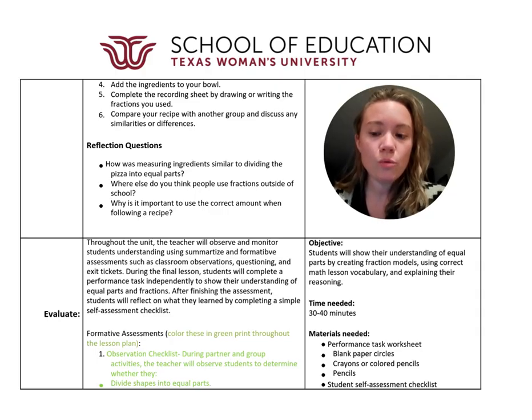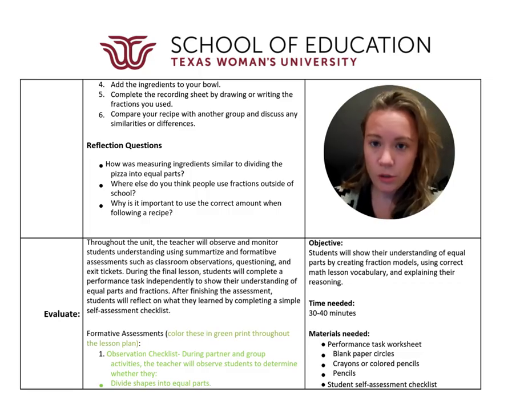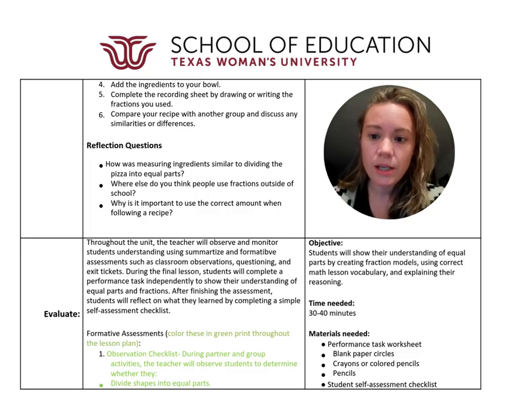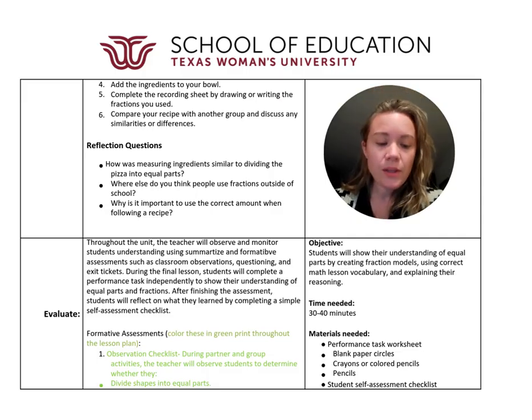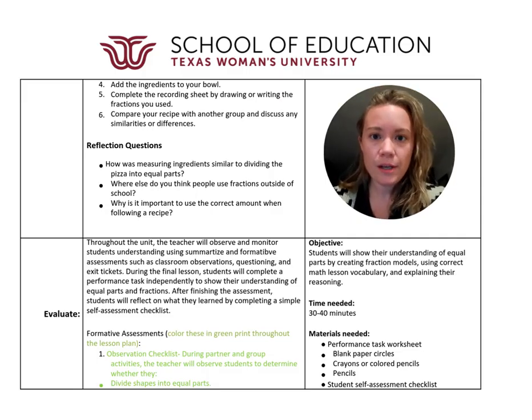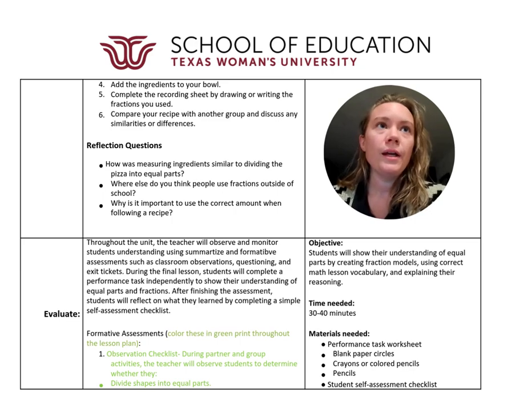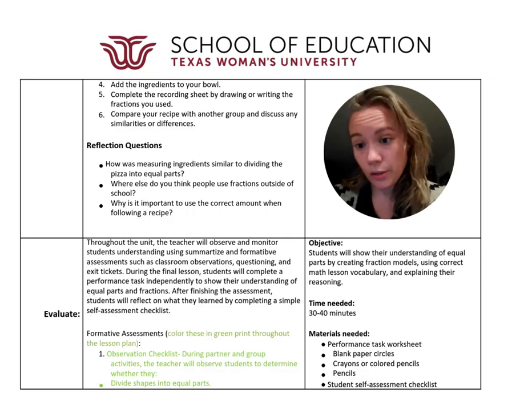They also, like I said, completed a self-assessment to reflect on what they learned and identify areas where they still needed support. The combination, I think, of the formative and summative assessments provided more of an overall picture of students' learning.